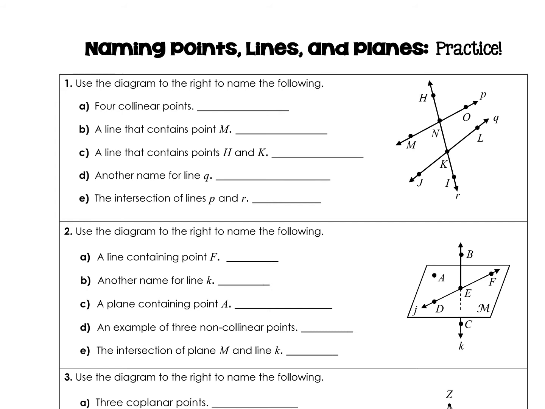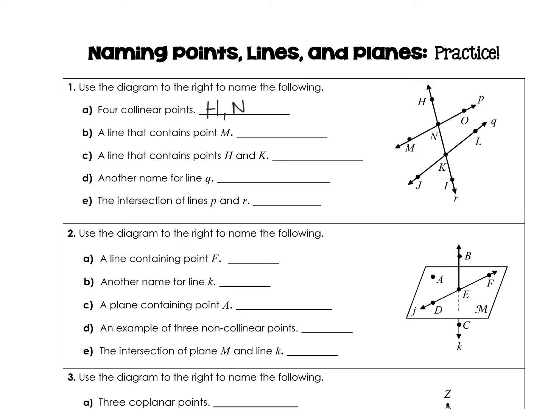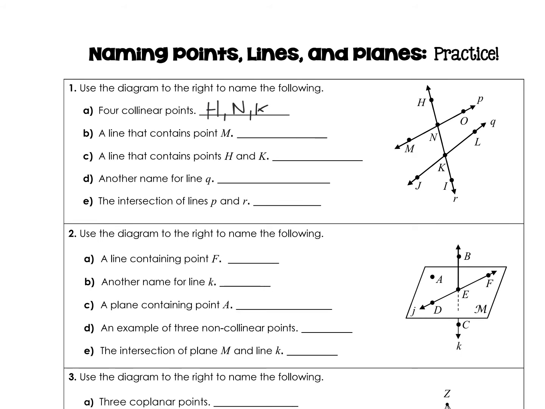So use the diagram to the right to name the following 4 collinear points. All right, how about H, N, K, and I? Okay. A line that contains point M. Well, that could be line MO.